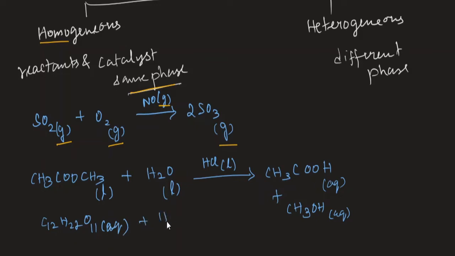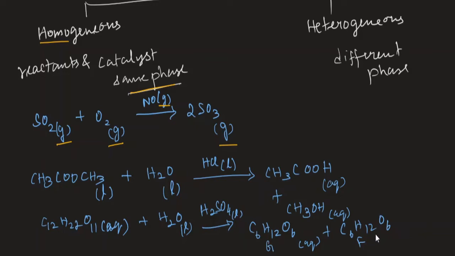When it is subjected to hydrolysis, in presence of sulfuric acid, which is also a liquid, we get C6H12O6, that is glucose as aqueous solution, plus C6H12O6, that is fructose. Both of them are aqueous. So all are in liquid state only. Therefore, this is also a very good example for homogeneous catalysis.